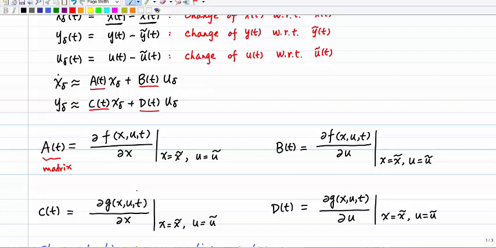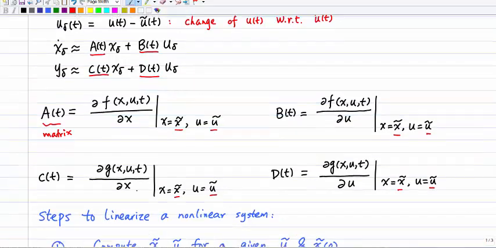Basically, the differences are linearized, and the coefficients A(t), B(t), C(t), D(t) are determined by two things. One is the function itself, because we have to take partial derivatives. The second one is the nominal state and the nominal control input. So there are two factors that affect A(t), B(t), C(t), and D(t).